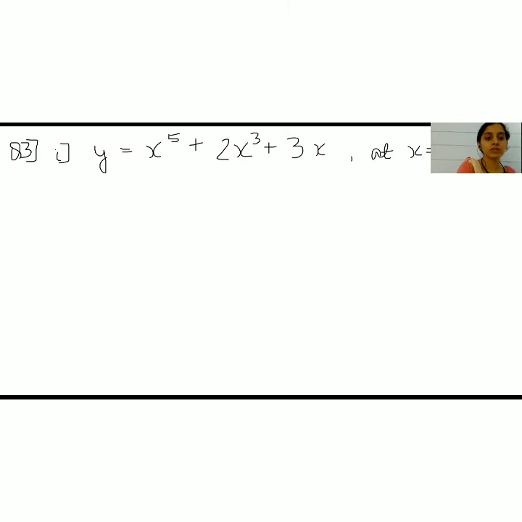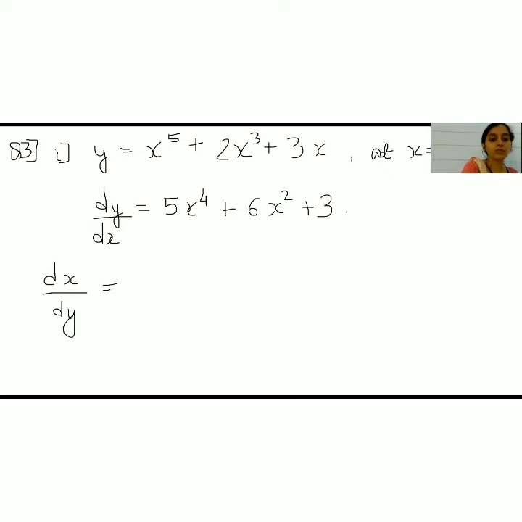So once we find the inverse derivative, first let us go by dy by dx, which is equal to 5x raised to 4 plus 6x squared plus 3. Dx by dy is equal to 1 upon dy by dx, so we'll take the reciprocal of the function 5x raised to 4 plus 6x squared plus 3.